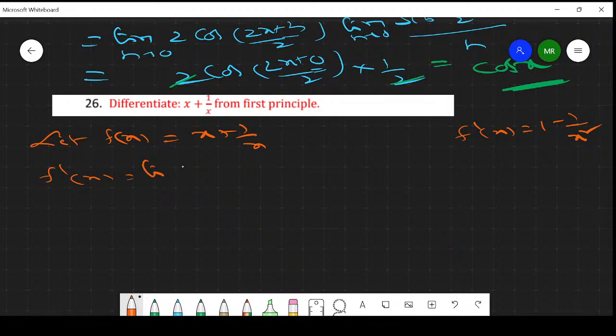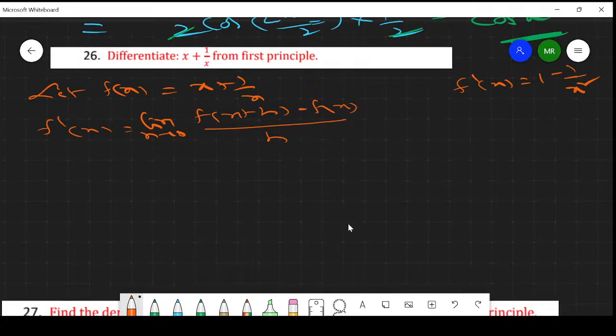Limit h tends to 0, f of x plus h minus f of x, by h. Write the formula here. The problem is simple, not that difficult.